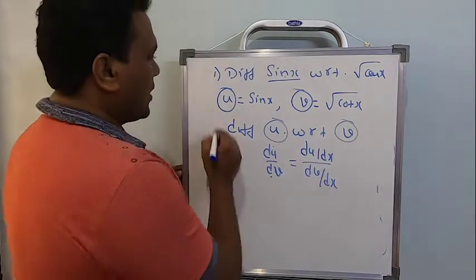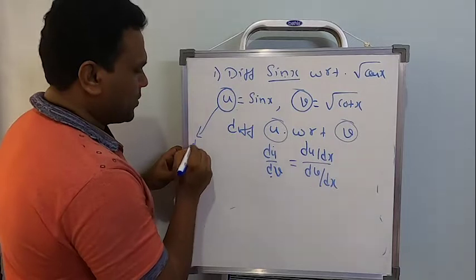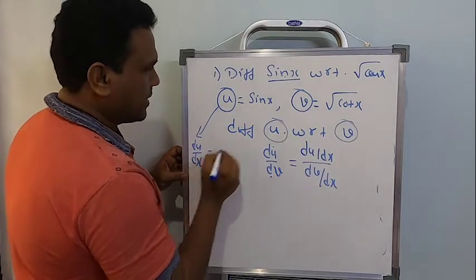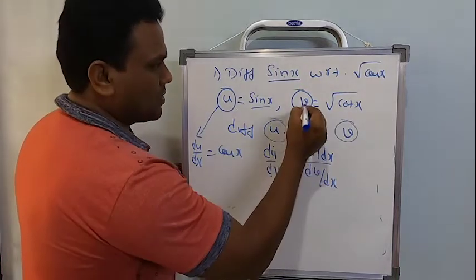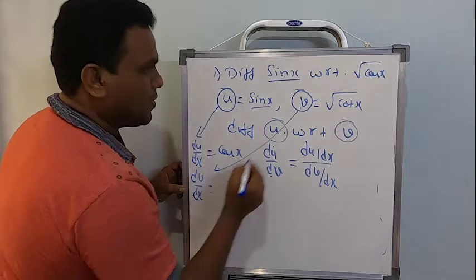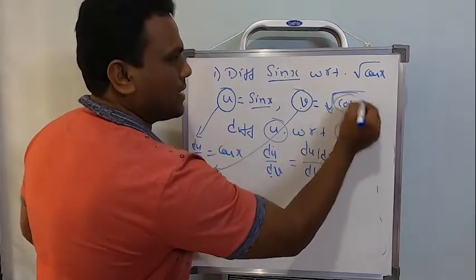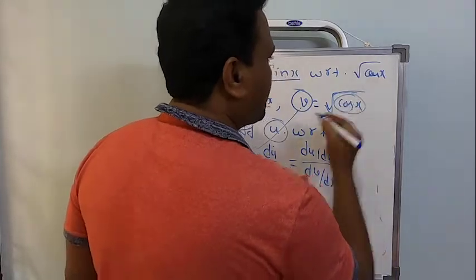So to do that, what should I do? First, let me take u. Differentiation of u with respect to x, du by dx. Differentiation of sin x will be cos x. Now, similarly, we have v. Let us differentiate dv by dx. First, it's in the form of root x, and then for cos x. Sorry.